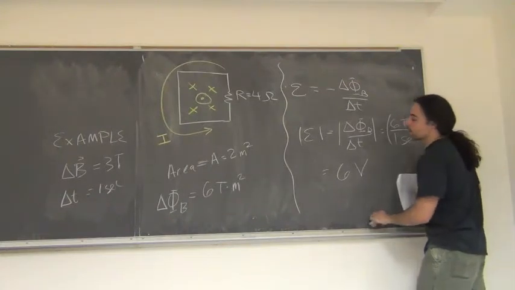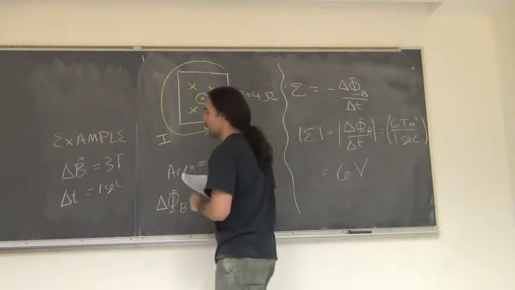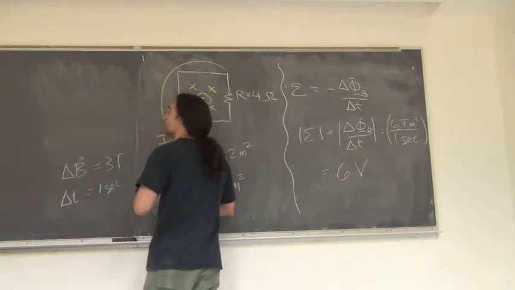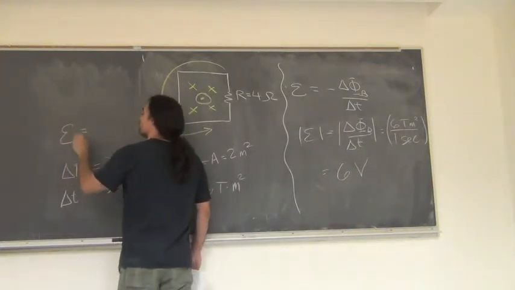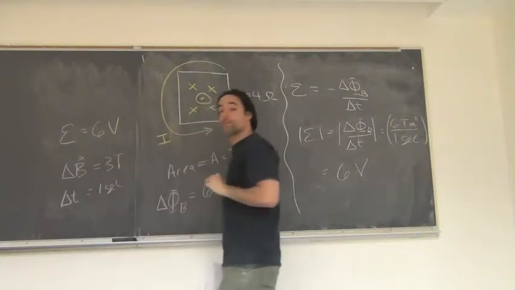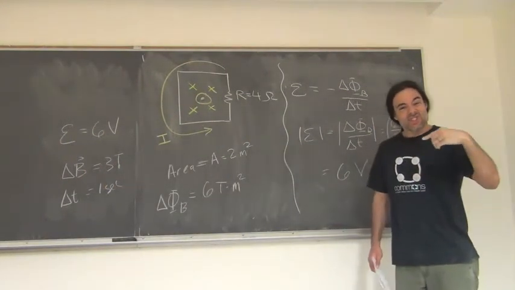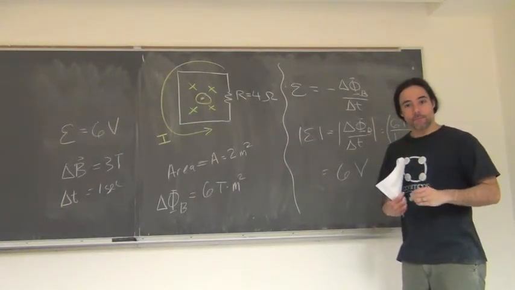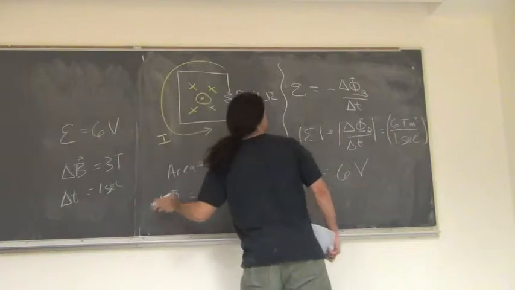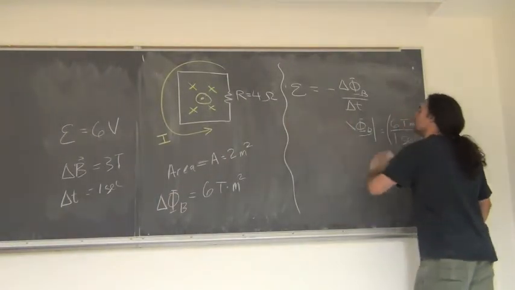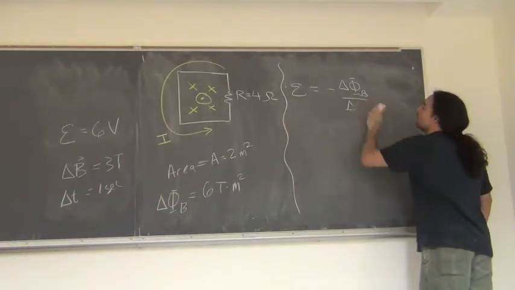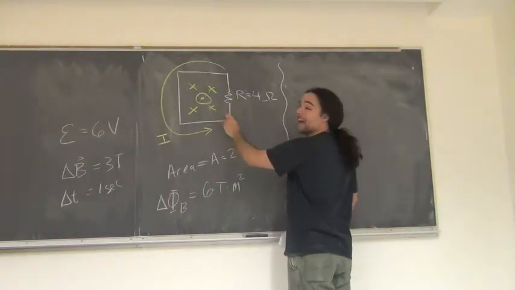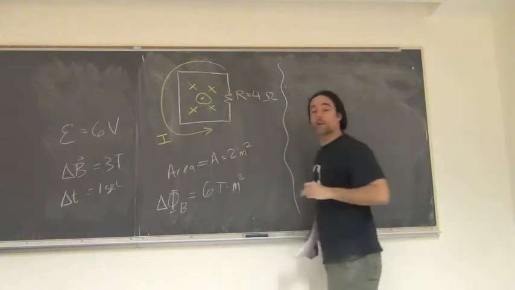So I can write that over here. Give myself a little more room. The electromotive force is 6 volts. Now that's just like I put a 6-volt battery inside the circuit. So when I do that, look over here, it's like I have a 6-volt battery in this circuit pushing current around counterclockwise.